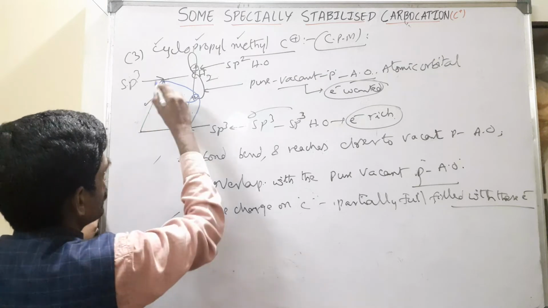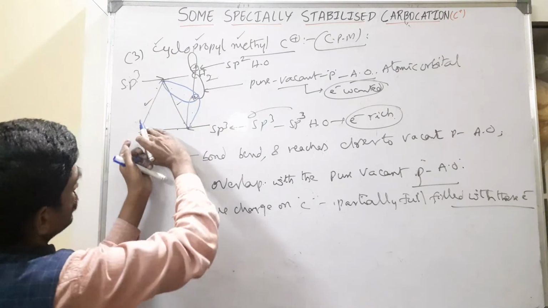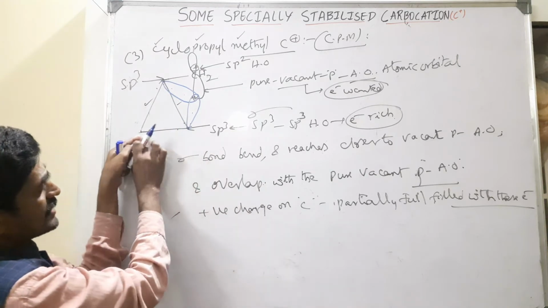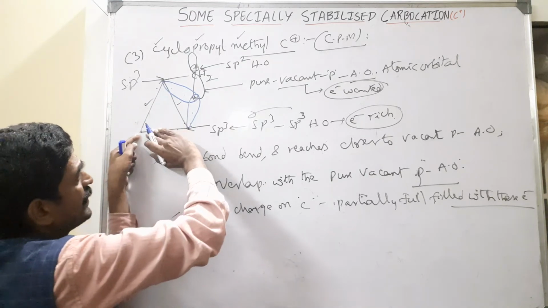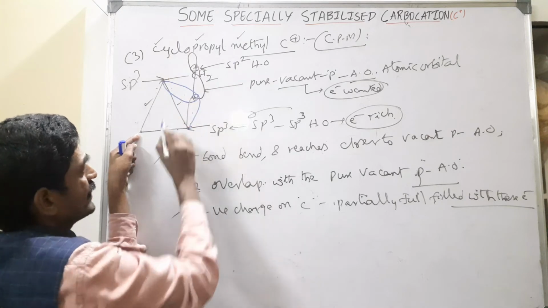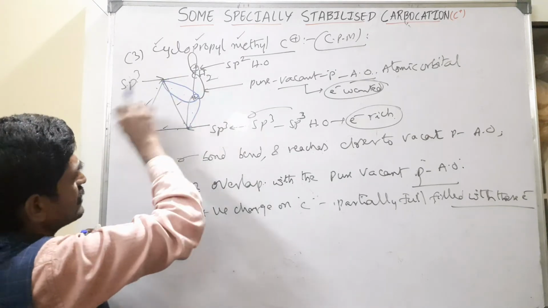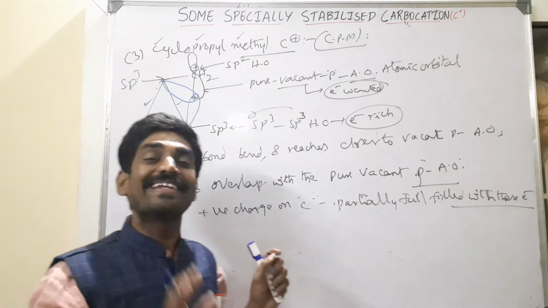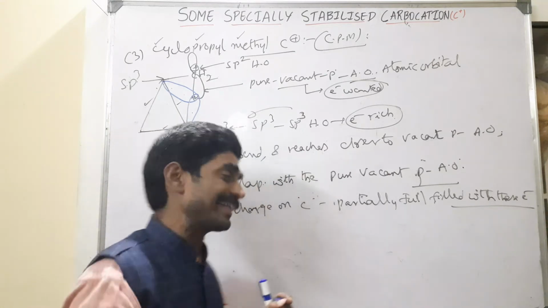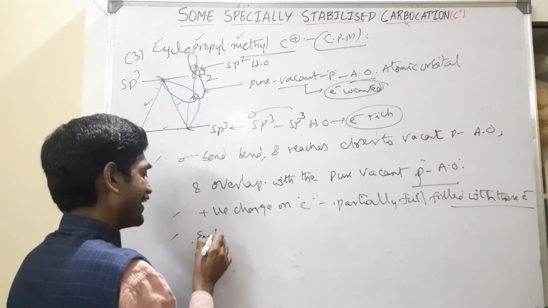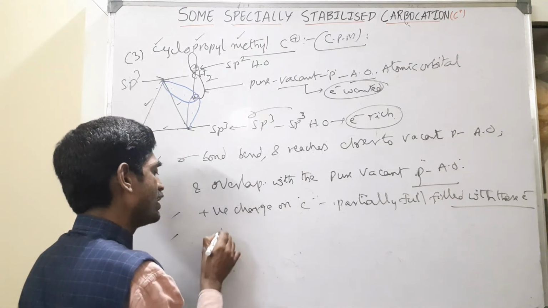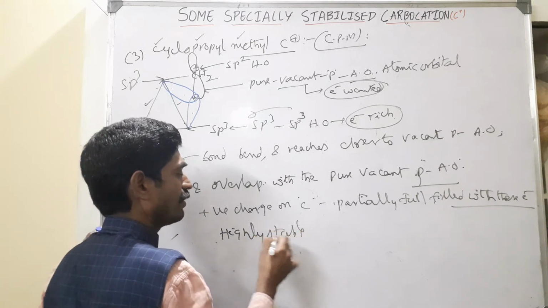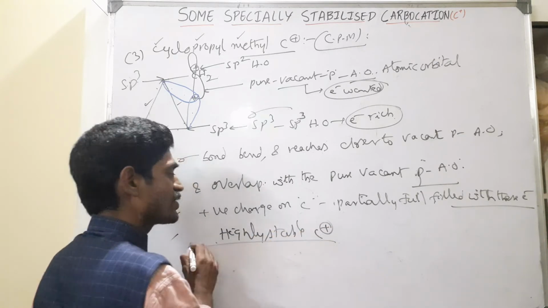So these sp3 sigma bond electrons may overlap with this, like this. So this and this are all possible here. That's why it is an extraordinarily highly stable carbocation.